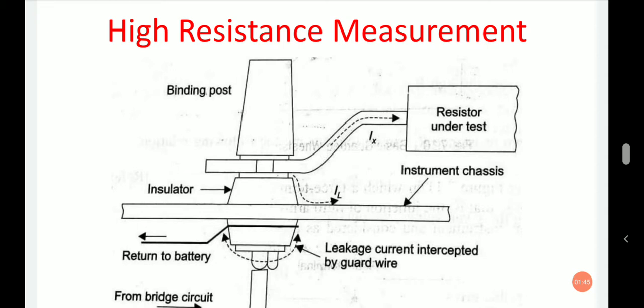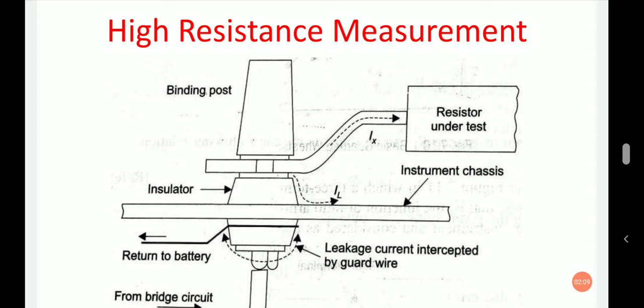This undesired current may enter the measuring circuit and greatly hamper its accuracy. This is more profound in high resistance measurement where satisfactory deflection sensitivity requires high voltages. Hence, it needs to be dealt with effectively.